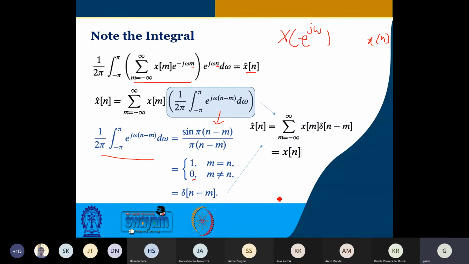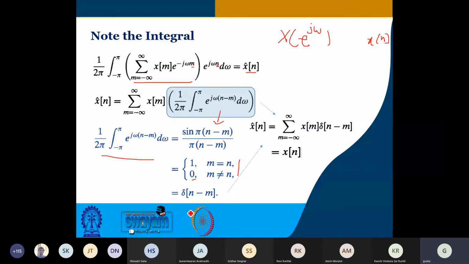N and m are integers; these are not continuous, unlike what you might have seen in the continuous time domain. So when n and m are the same, this is 1, and for other cases it is 2 pi, 3 pi, etc. Some difference will be there, so that is 0. So this part is understood.